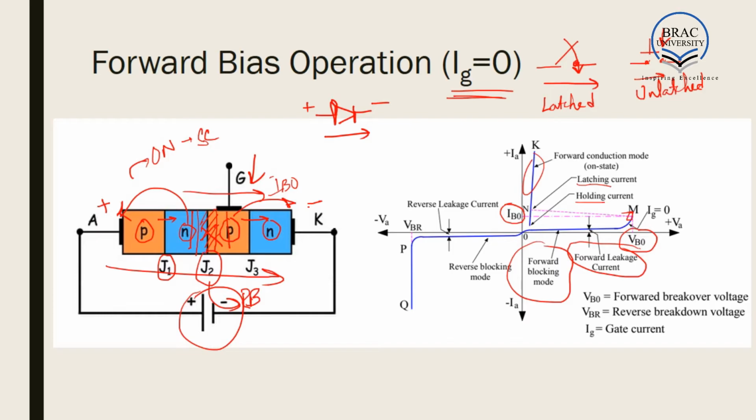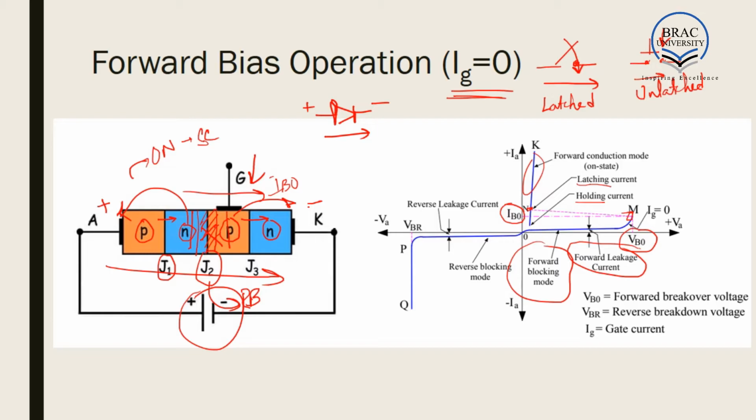This means that the forward breakover current IBO is lower than the actual latching current. So if we increase the voltage up to VBO, the forward breakover voltage, the SCR goes into breakdown, and as a result the SCR is on.